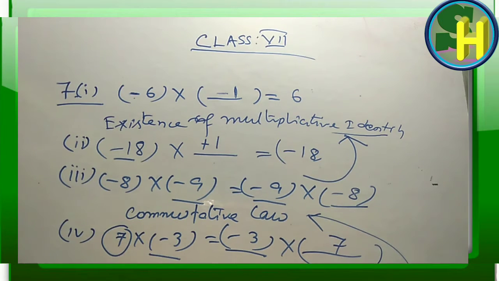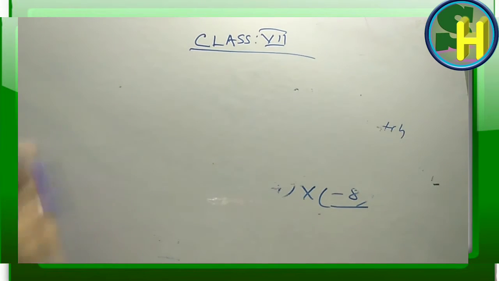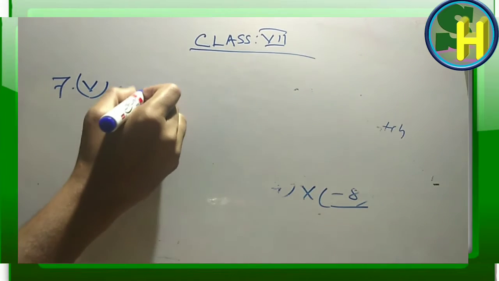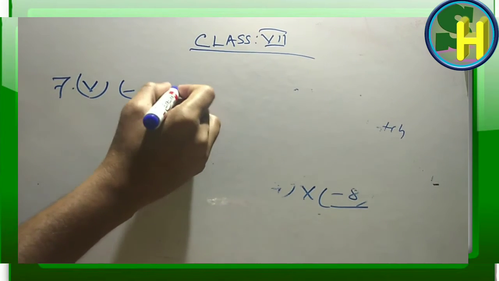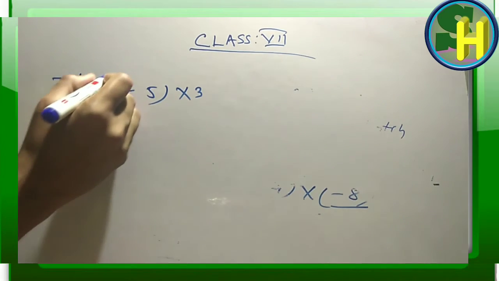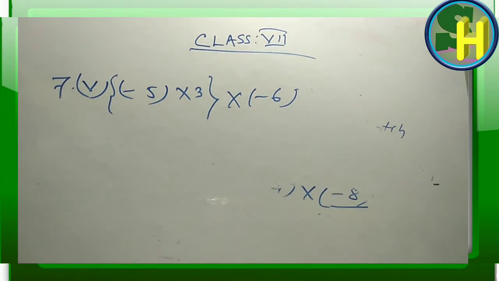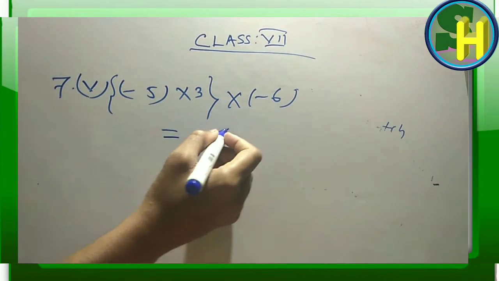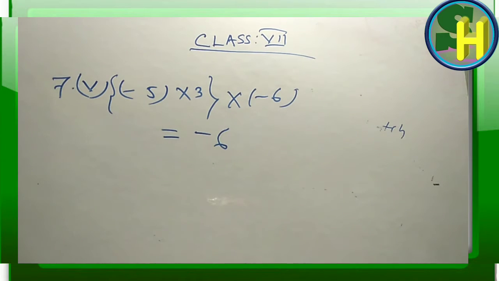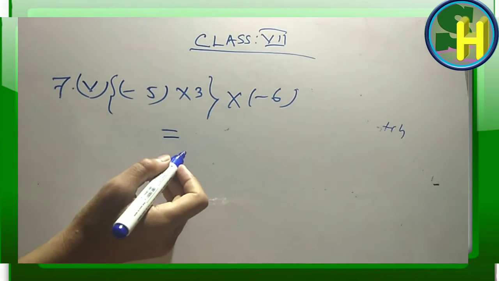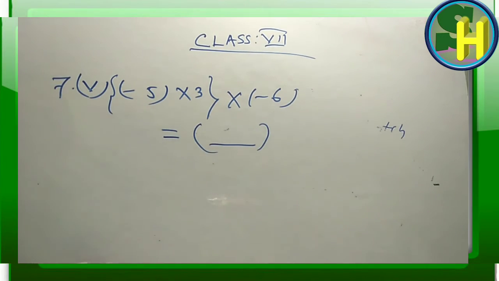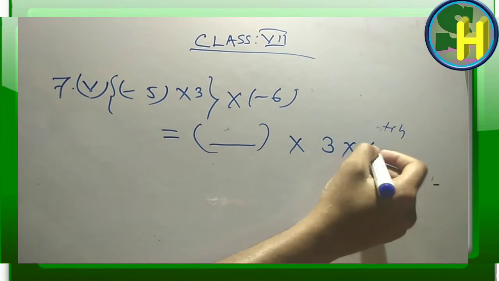Next is question number 5: -5 into 3 into -6 equals dash into 3 into -6.